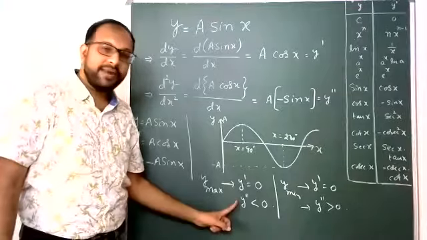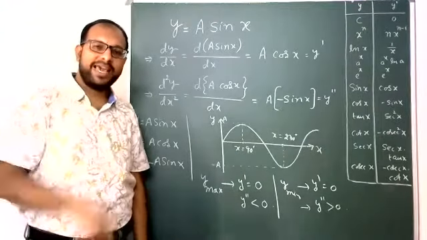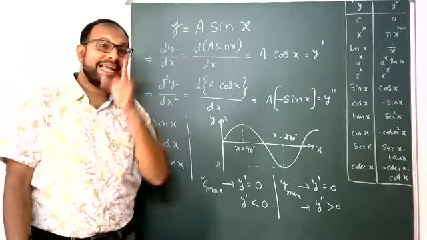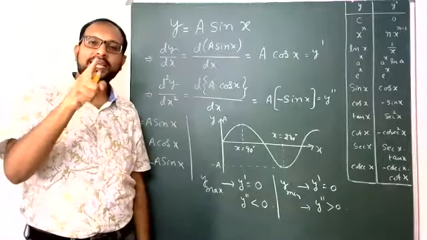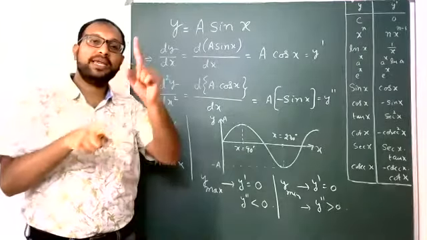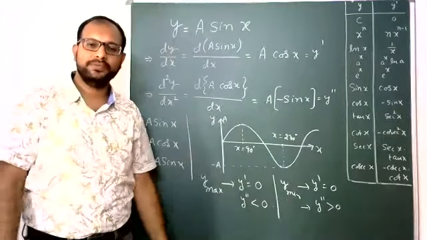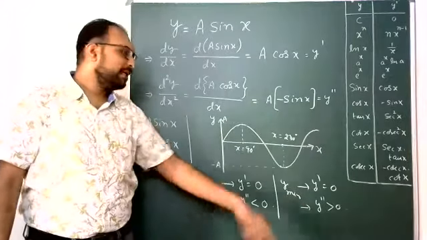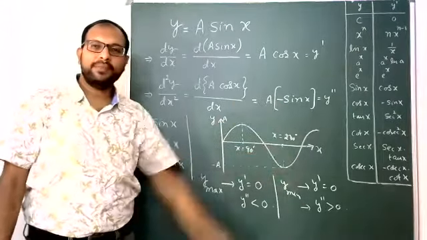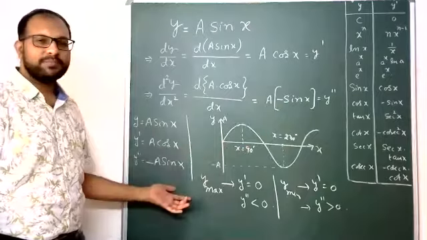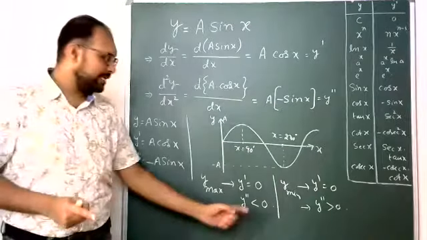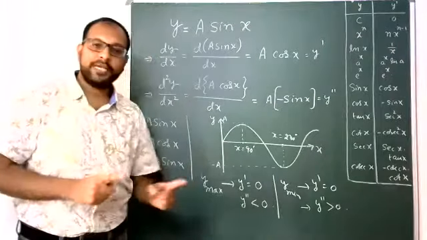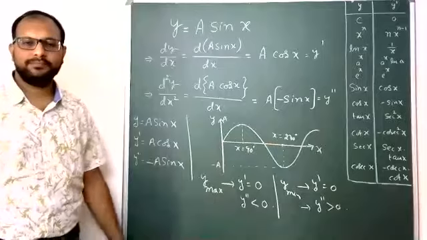In the second derivative, suppose that for the same value of x the second derivative is negative. Definitely at that value of x, y will have a maximum value. Suppose the second derivative is positive, definitely y has a minimum. With the help of this example I explained, these two principles are applicable for all problems.